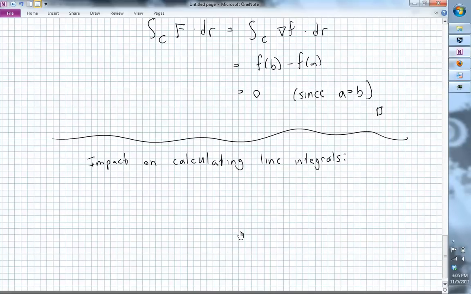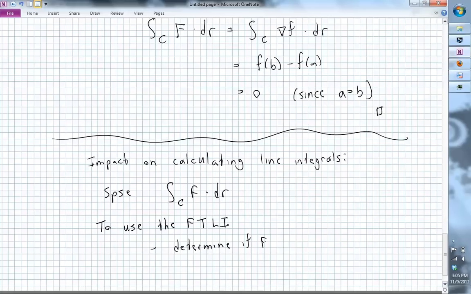Okay, so if I'm staring a line integral in the face, this is typically what I'm faced with. I'm just looking at this line integral F dot dr. If I want to use the fundamental theorem of line integrals, I first have to determine if F is conservative.